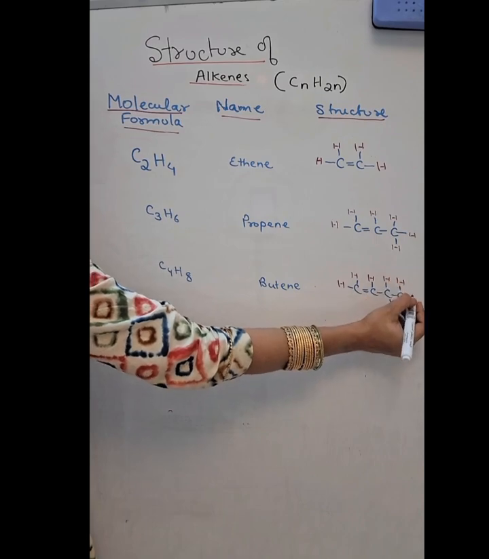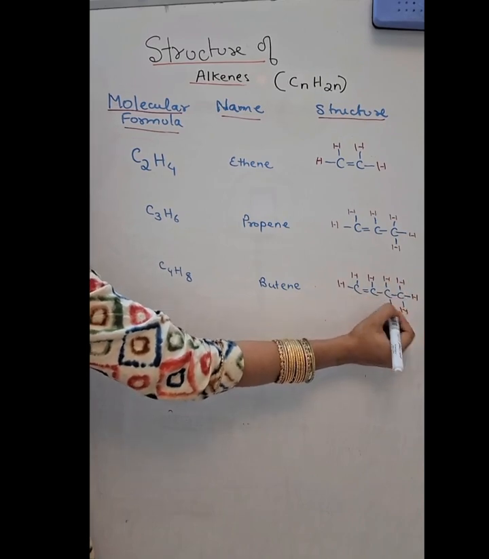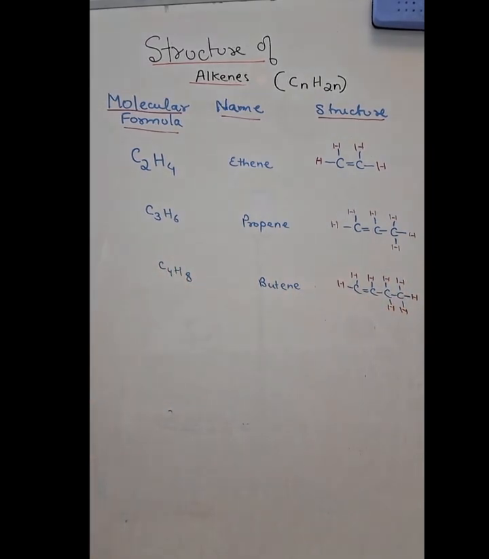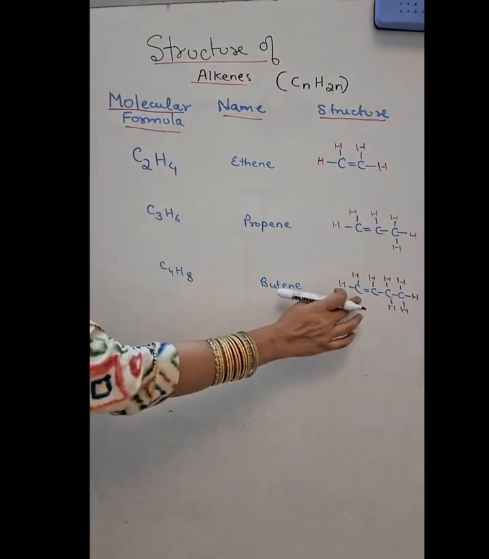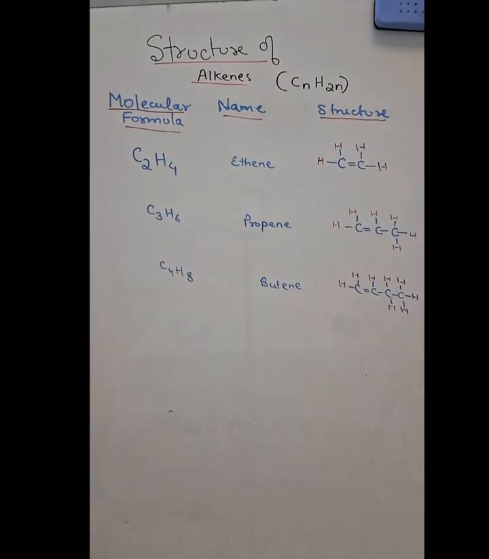So the difference is what? Here we have just started doing the structures, so for our convenience, only between the first and second carbon we will show a double bond.